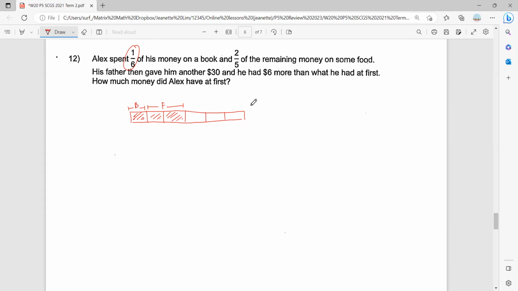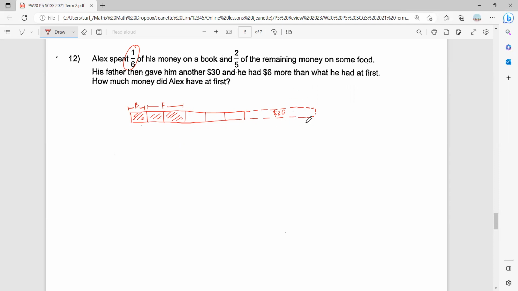Then the father gave him $30. And he had $6 more than what he had at first. Okay, $6 less, and then he will have exactly what he had at first, right?